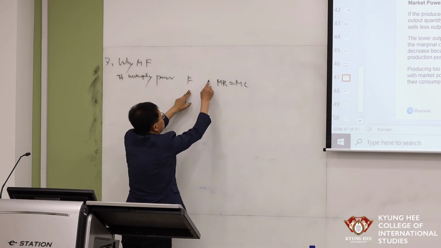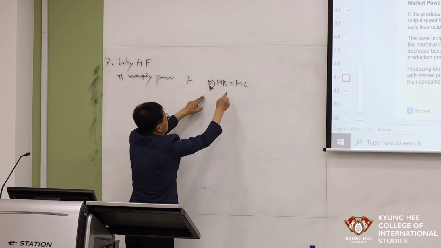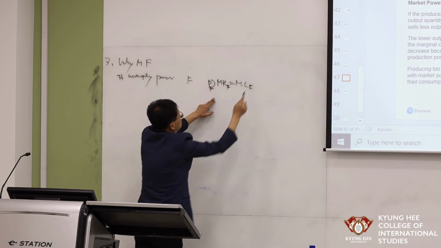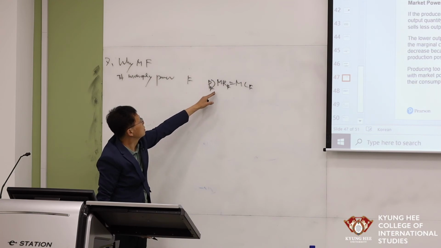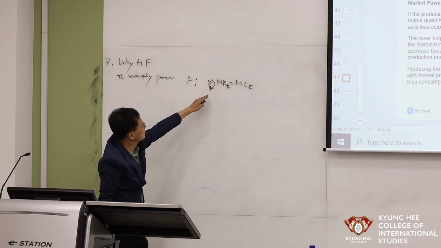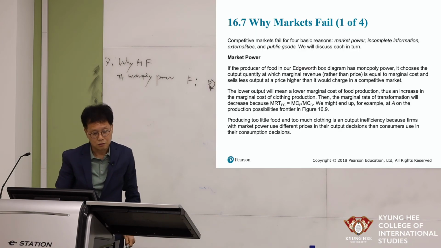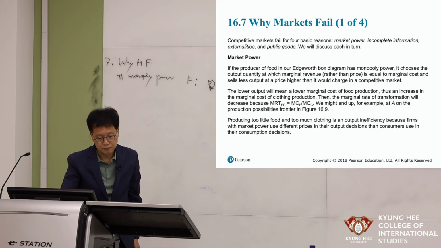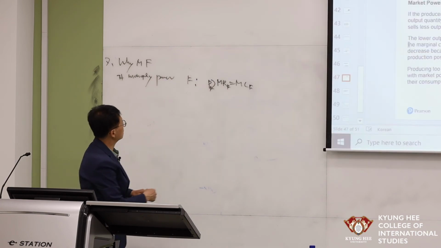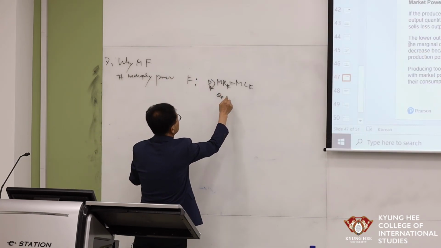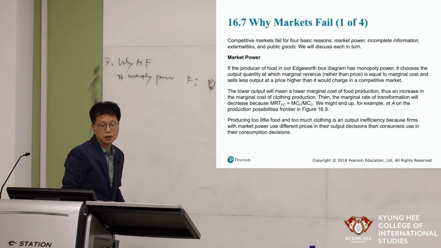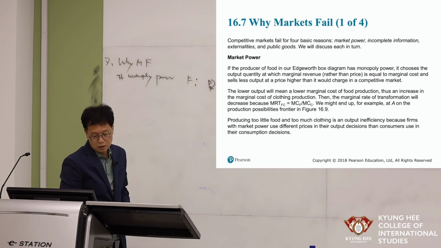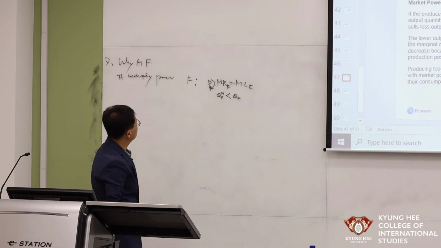And we know the price is higher than the price of food, marginal revenue of food, marginal cost of food is like this, right? So if there is monopoly power in food production, then this kind of thing happens, right? Then what happens? So then the production of food in the monopoly case is smaller than the production of food in the competitive case, right?